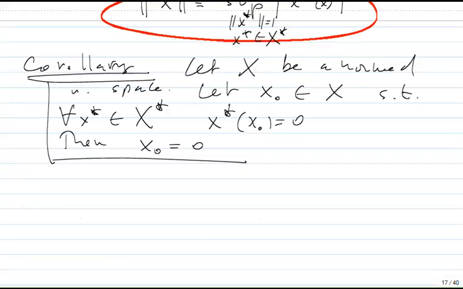Next result has a kind of geometric meaning. It has a geometric interpretation. Theorem: let X be a normed vector space.